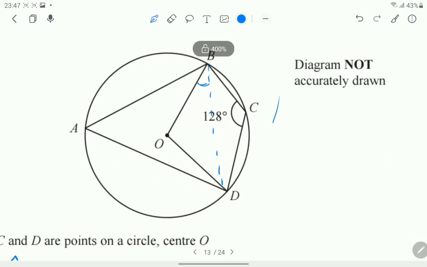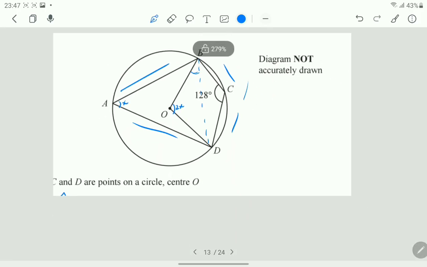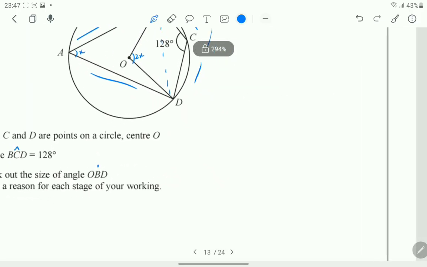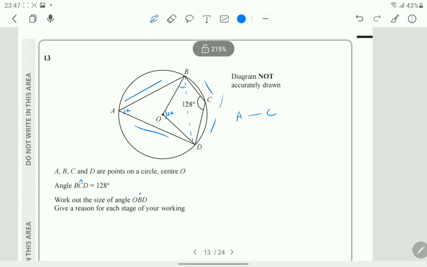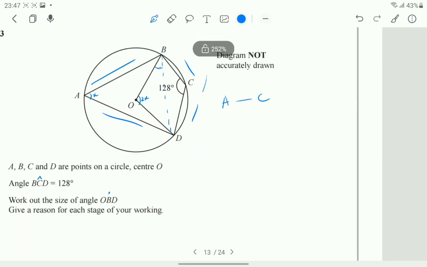So just to give you some basic rules, if this is x, then this would be 2x, and since ABCD is a cyclical quadrilateral, there is a property that the sides facing opposite to each other, so A and C are facing opposite to each other, as you can see, will have a sum in terms of angle equal to 180 degrees.